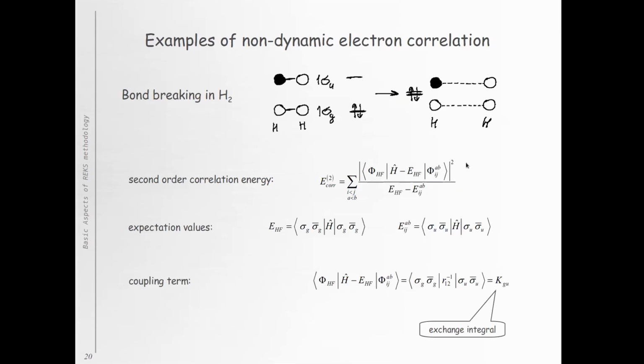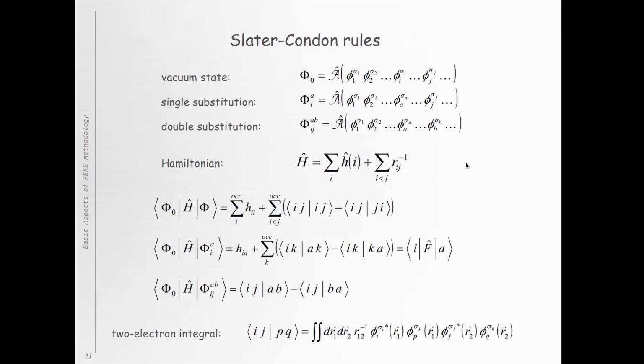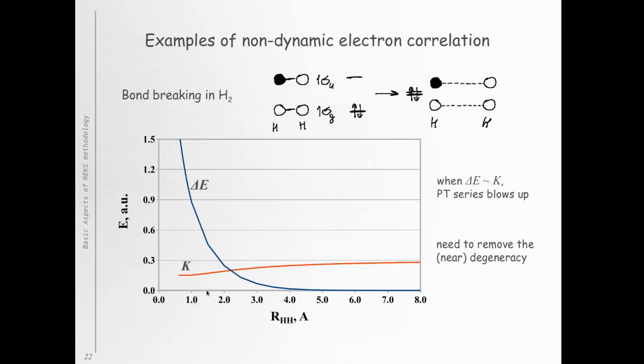So that whole perturbational expansion becomes divergent after this point, approximately, even earlier than that. So perturbational treatment of correlation energy is valid only within a narrow range of geometries, where the numerator is much smaller than the denominator in the perturbational terms.